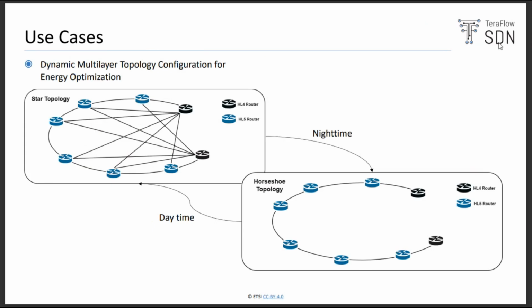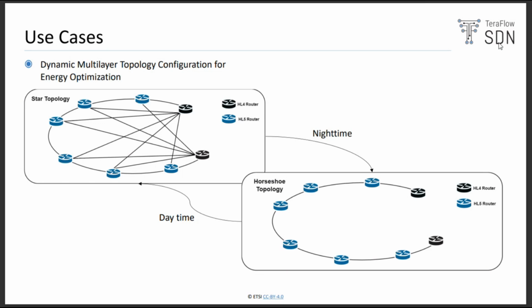And then the new use case, the one that we are working on right now, is called dynamic multi-layer topology configuration for energy optimization. So we are going to change the IP topology depending on the traffic, especially daytime and nighttime, and then we can have some kind of energy optimization.